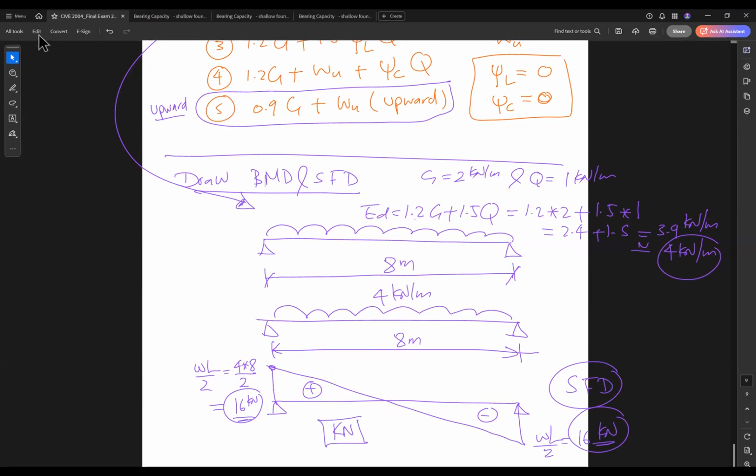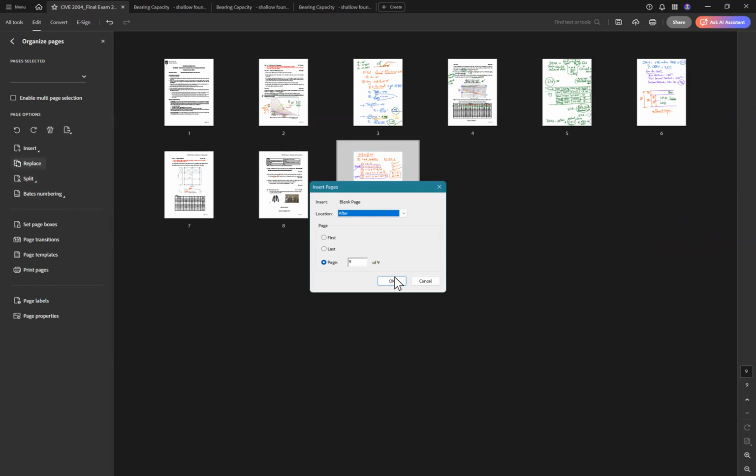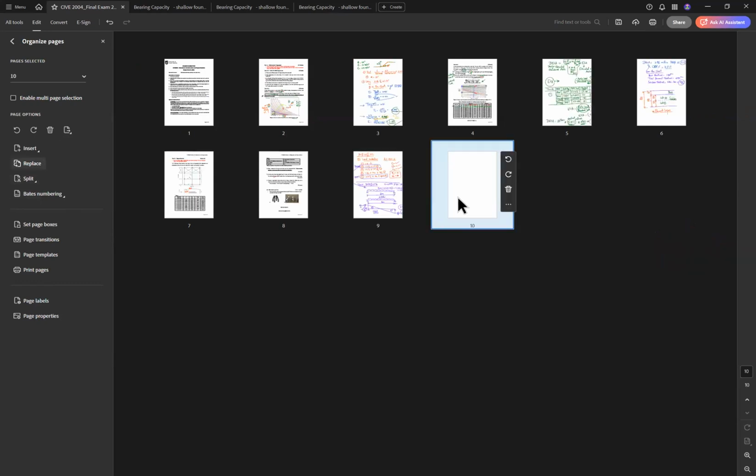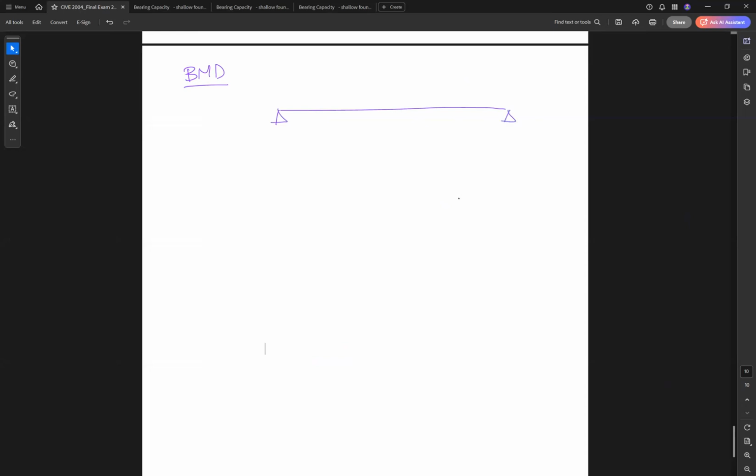What about the moment? For the bending moment diagram, the maximum moment is at midspan, and this value is WL squared over 8. How much is W? 4. How much is L? 8 squared over 8. So 32 kilonewton meter.